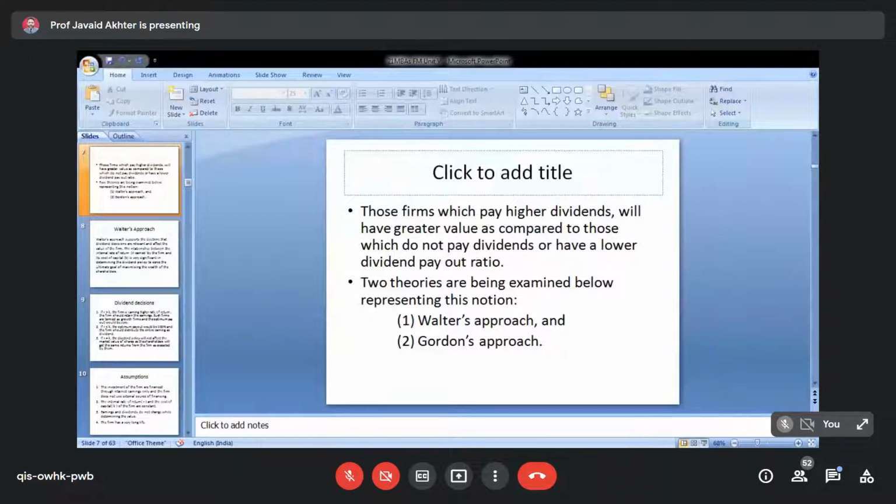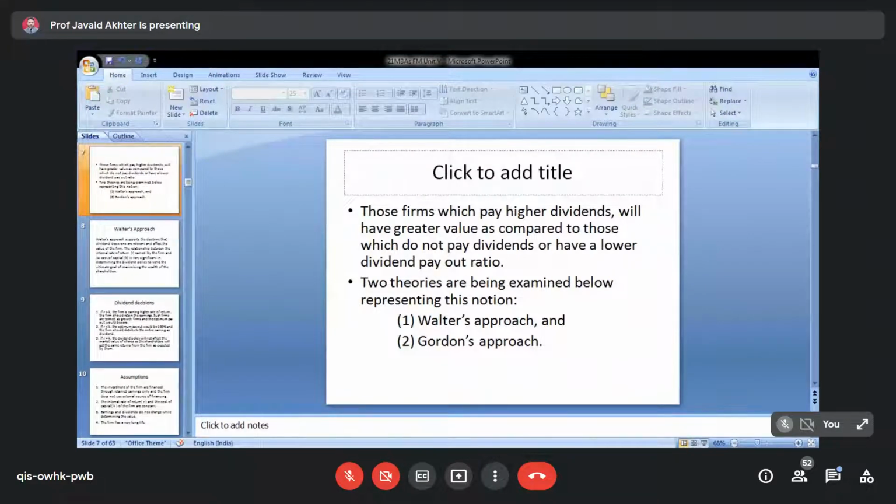Then there will be some theoretical concepts like different forms of dividend, different types of dividend, certain legal and contractual obligations of paying dividend, and purely theoretical stuff that I have included in the slides, and I will discuss with you. So the summary of the unit is that dividend is one of the decisions that we take in financial management.